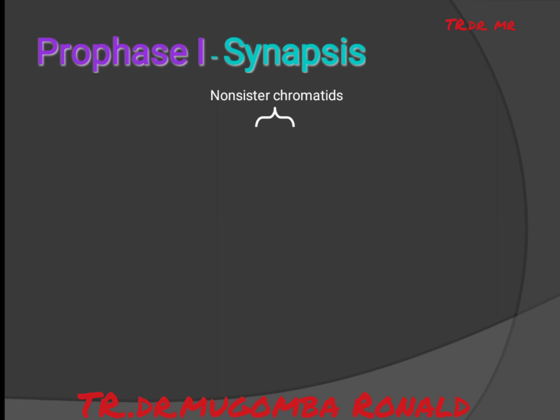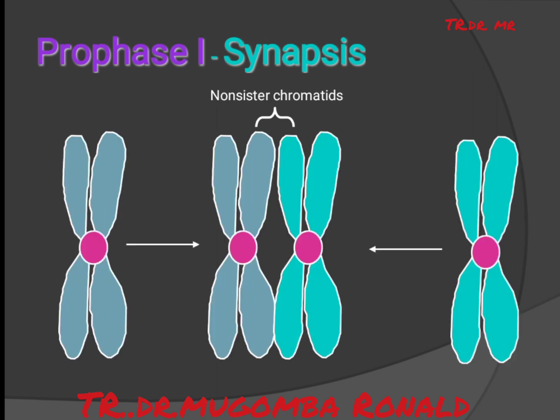Non-sister chromatids. You can see the chromatids in the tetrad are now non-sister chromatids. They are called non-sister chromatids simply because they are coming from different chromosomes, one from the paternal and one from the maternal side. The chromatids which make up one chromosome are called sister chromatids.